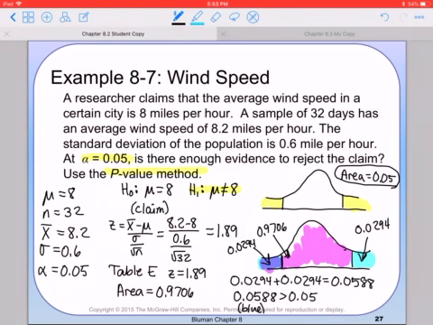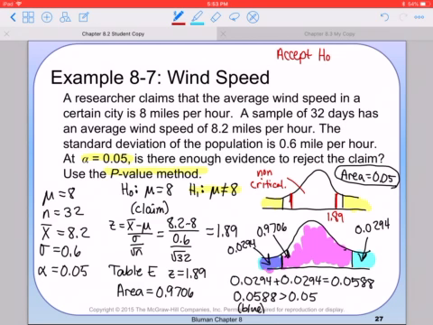Okay, so what that's telling me in our original picture is that our z-value that we found, which was the 1.89, is actually in the non-critical region. So what does that mean? That means that we want to accept the null hypothesis. Okay, and that was the claim.